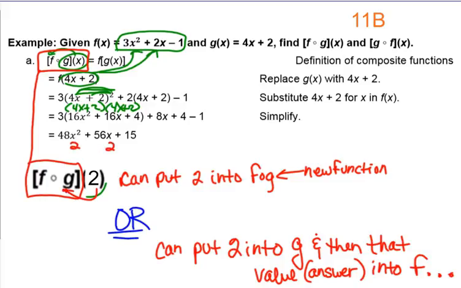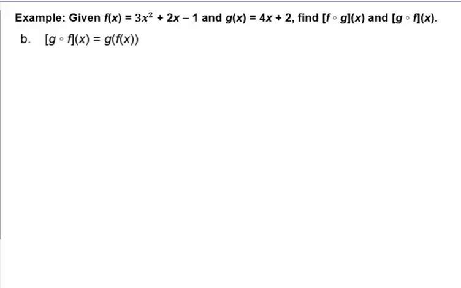So I could put a 2 in here, or I could put the 2 back here into the g and then that answer into the f. It's the same thing. And I'll show you on an example. That's exactly why I usually do it 2 into g and 2 into f. Because if I messed up calculating the new rule, then when I put the 2 in, I'm going to mess it up. And it really should be the easiest question ever to put a number in, right? Okay. So sometimes I do it both ways just to make sure.